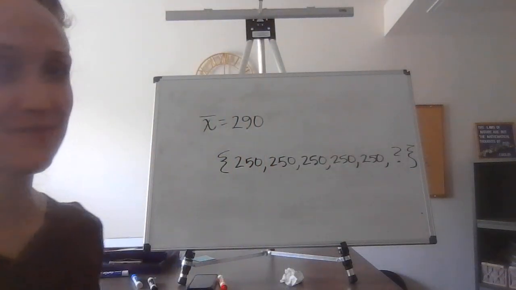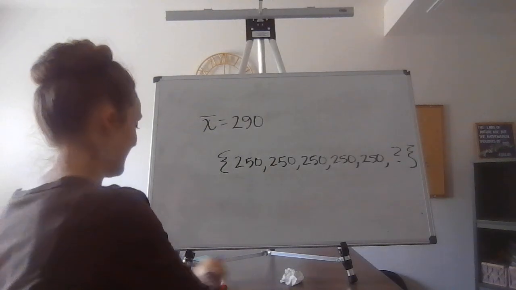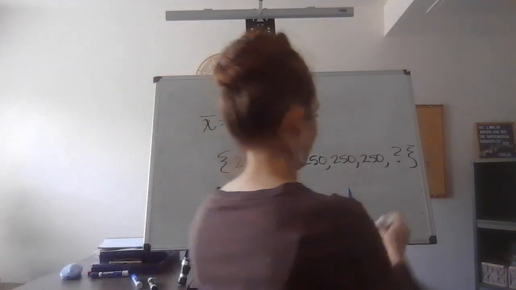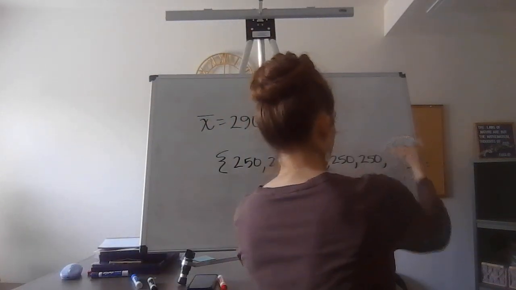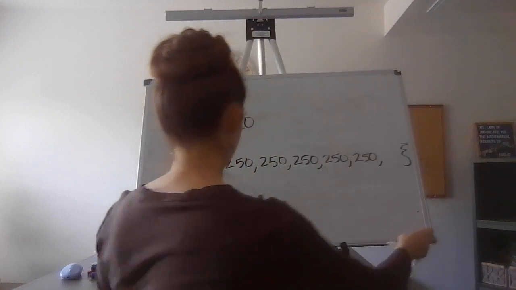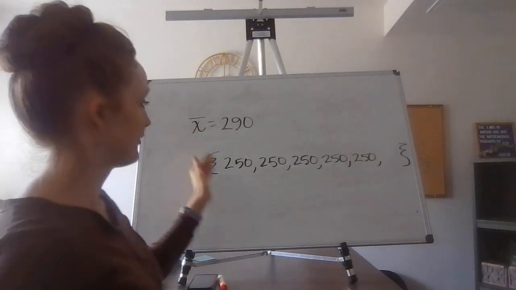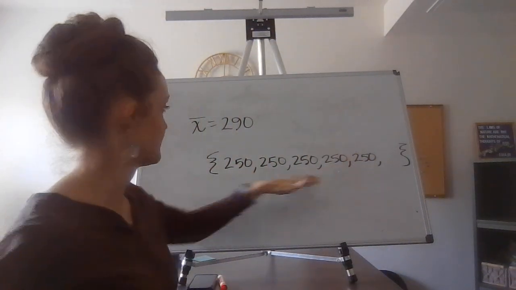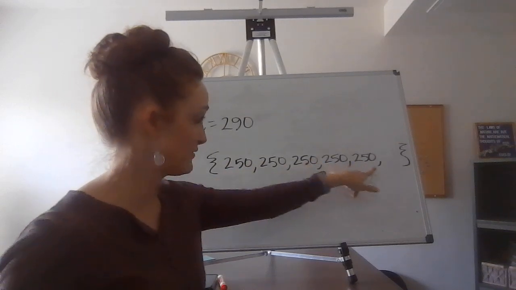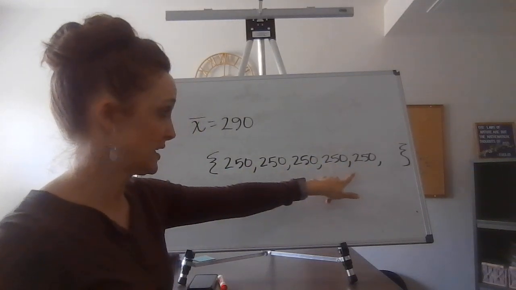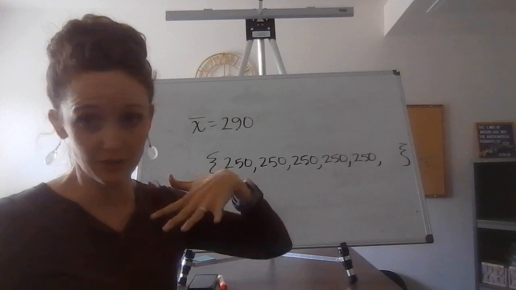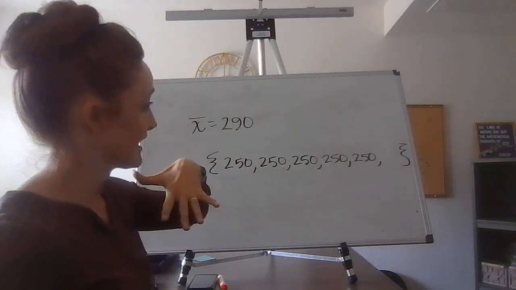Okay, did you come up with something? Well, I think that we need something that's going to have 5 40s to contribute to each one of these 5 250s. So 5 40s, that's 200, right?